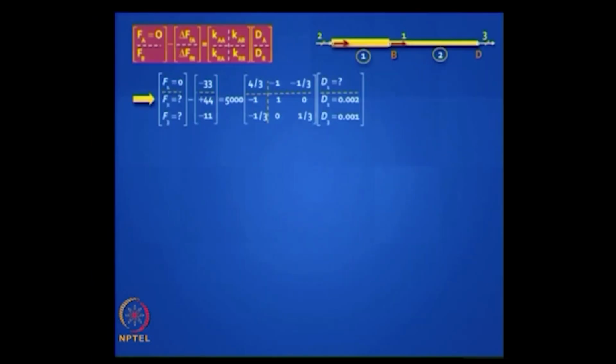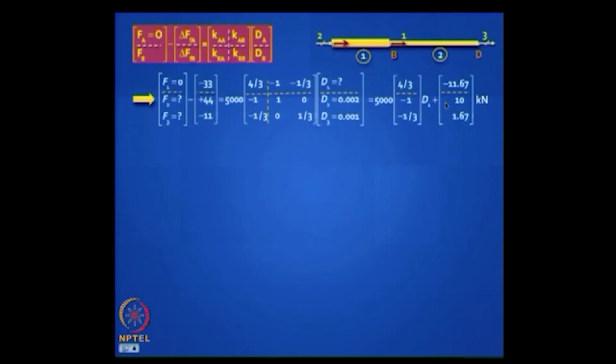When you solve these equations, you can find the unknown displacements. Okay, please note, this is the equation, you got the stiffness matrix, F1 turns out to be, F1 is the load vector, Fa is 0, so there is no load here, you have only fixed end forces here, minus 3 plus 44 minus 11.